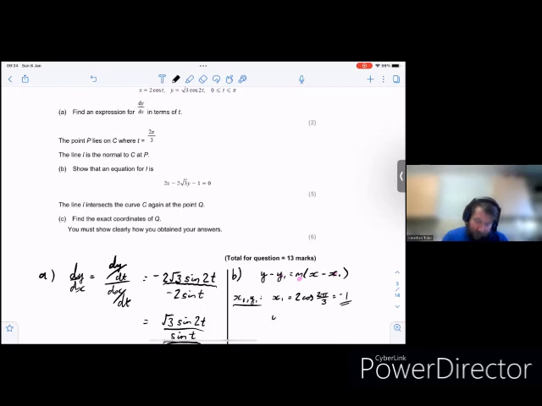For y1, we're going to do root 3 cos 2t. So that'll be cos 4 pi over 3. Let's just work that one out. 720 over 3.